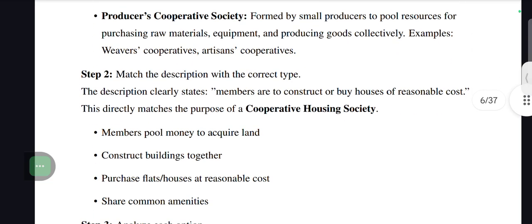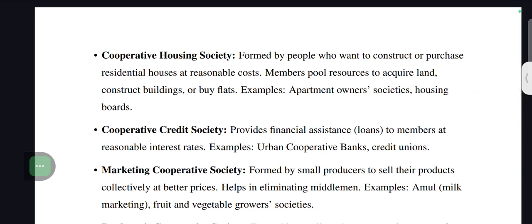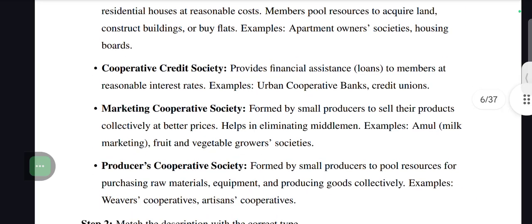As per the definition, cooperative housing society is formed by people who want to construct or purchase a residential house at a reasonable price. Therefore the first option, cooperative housing society, is the correct answer. That is option A.